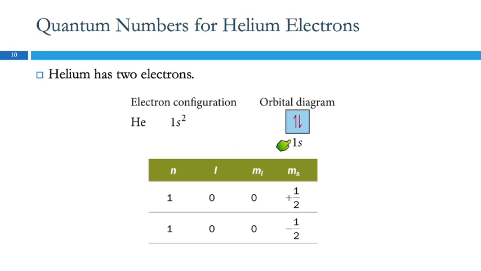That's the 1 here. They're both in the l equals 0 sublevel, which corresponds to s. And there's only the 1 orbital here, so they both have 0 here, but m sub s for them is different. So this is like state, city, street, and then the house number is different.